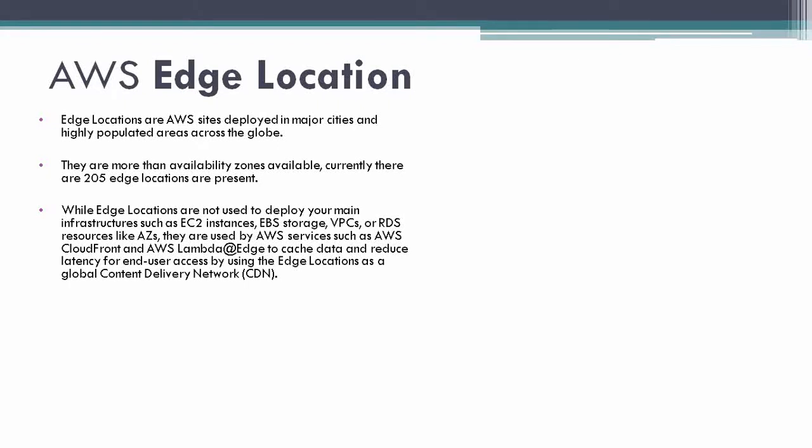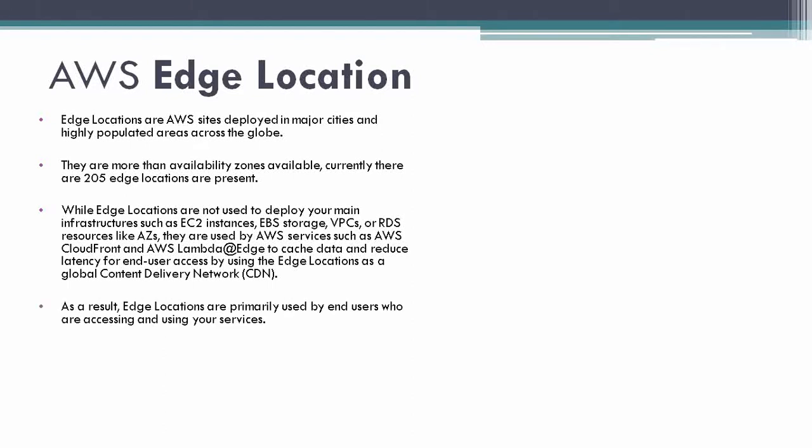So an edge location is nothing like an AZ or region. It is specifically used by AWS CloudFront. We will see more about edge locations in CloudFront. But for a basic idea, an edge location is where your data will get cached.